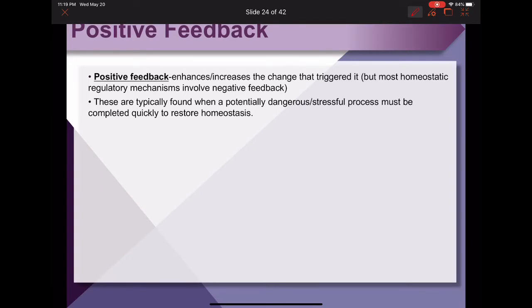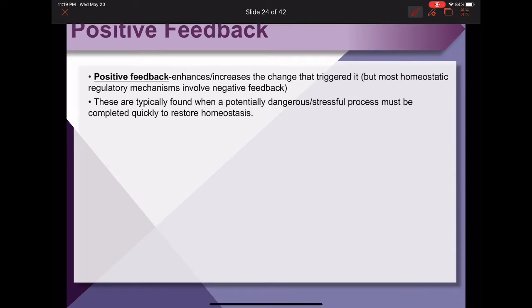But sometimes there are situations where we do need enhancement of things, and a lot of times these situations usually involve something that is more potentially dangerous or stressful for the body, that your body must have something done quickly enough in order to restore homeostasis.